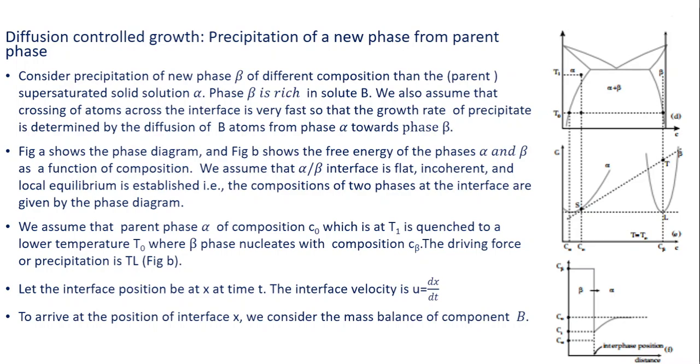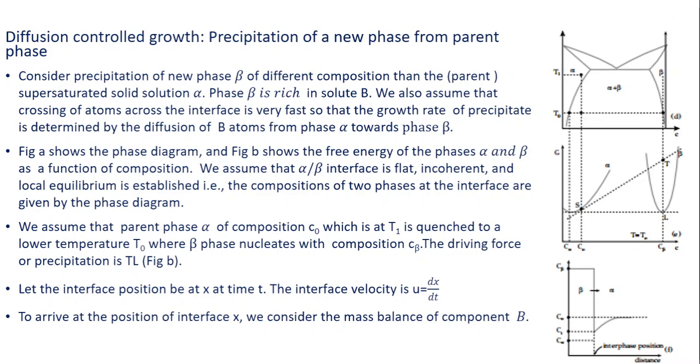We assume that the parent phase alpha of composition C0, which is at T1, is quenched to a lower temperature T0. So alpha phase is quenched from T1 to T0 here. So it has a composition given by this particular point.